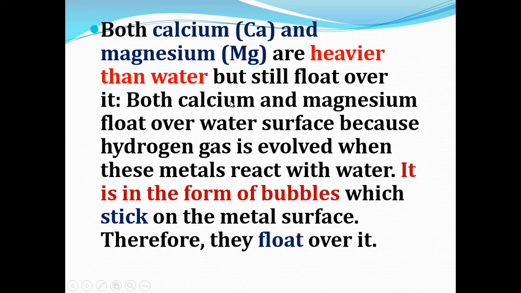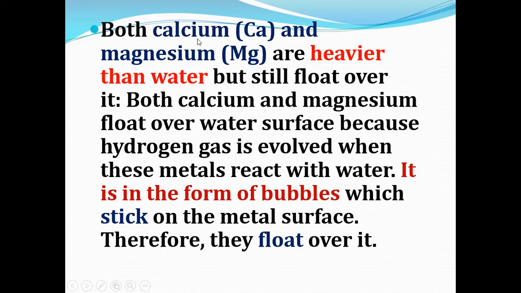The hydrogen evolved during the reaction of calcium and magnesium is in the form of bubbles which stick to the metal surface, which makes them float over the water.